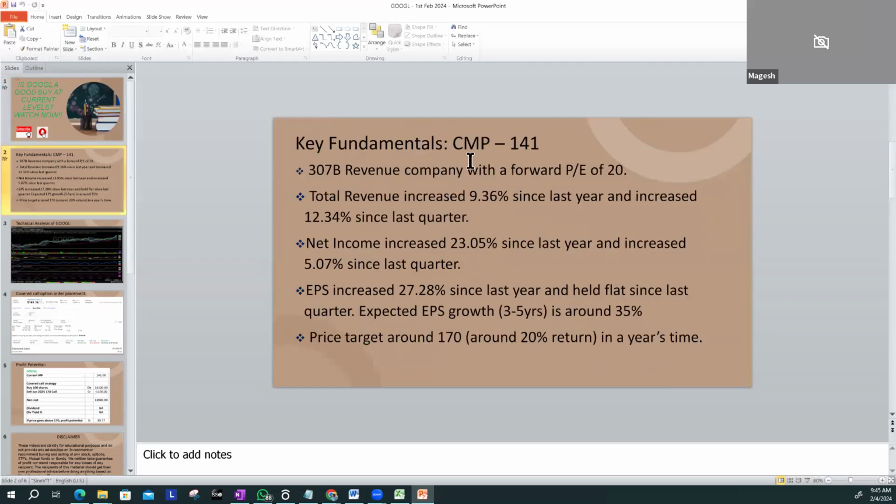Let's look at the fundamentals of Google. I think on Friday it was ranging between 137 to 141. Where did it close finally? Check that.